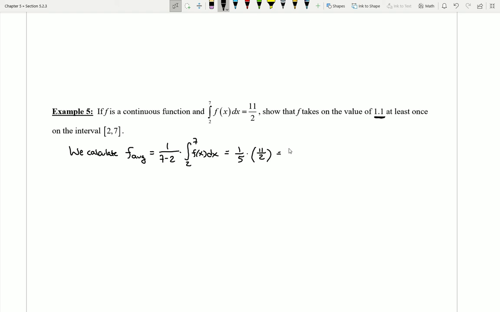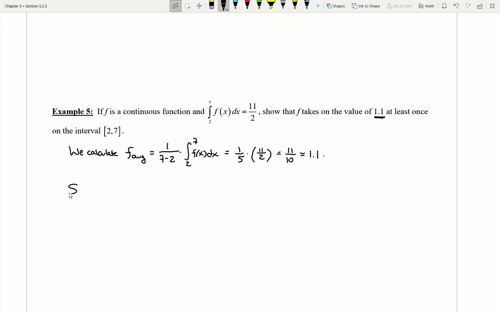So if I crunch this out, this is going to be 11 over 10. Dividing by 10 just moves the decimal point back one. And 1.1 actually is the average value. So I know that the average value will be hit by the function somewhere as long as my function is continuous on this interval. Well, I'm told this is a continuous function.